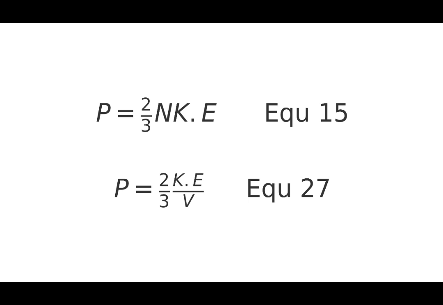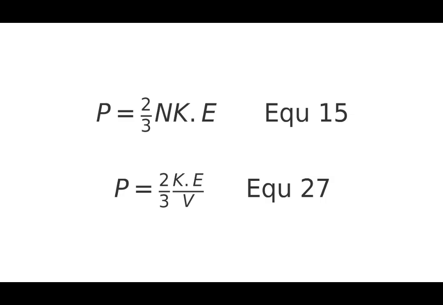Equation 15 shows that the pressure of ideal gases is independent of volume, while equation 27 shows that the pressure of real gases is inversely dependent on volume. These equations buttress the differences between ideal and real gases as stated in this study.